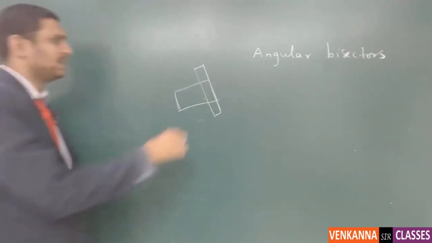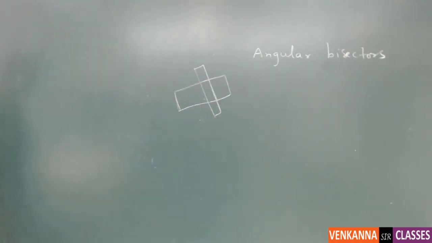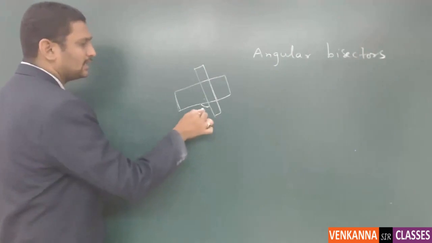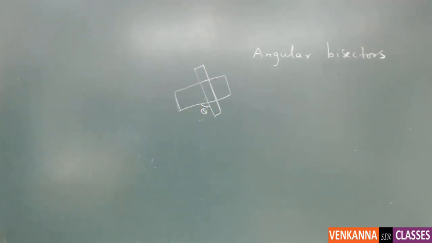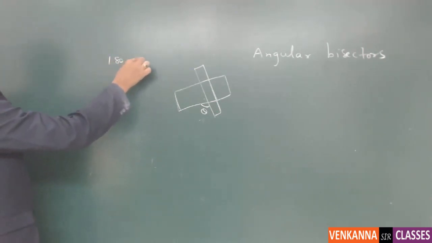You can take any kind of thing. Now what happens here, at this intersection you will have an angle theta. Whenever two planes intersect, if one angle is theta, the other will always be 180 minus theta.